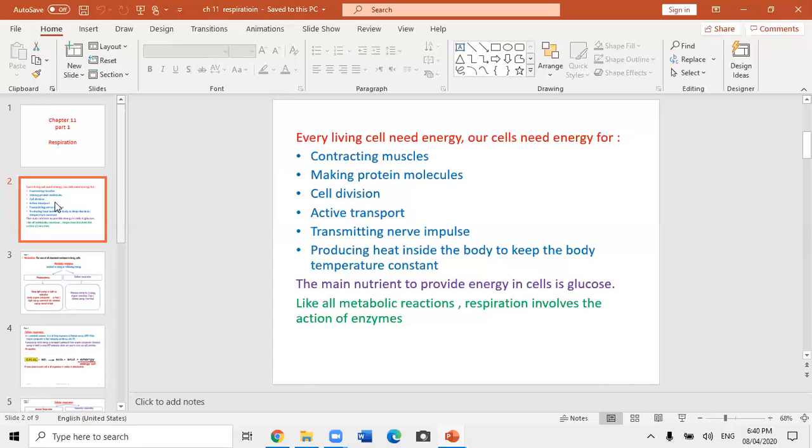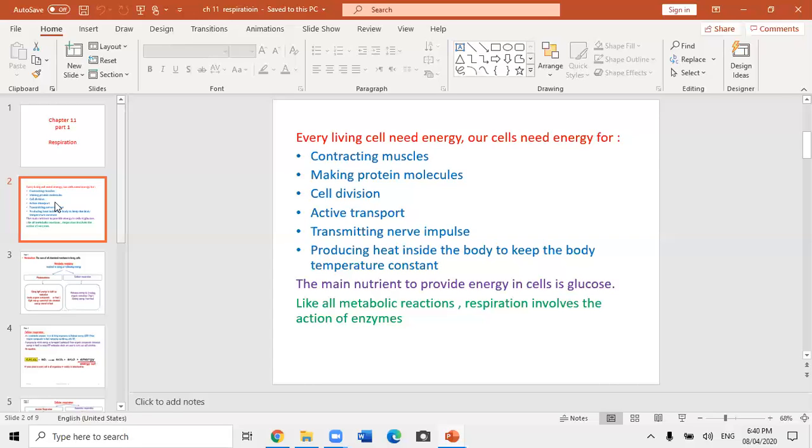We need energy as well for producing heat inside the body, to keep the body temperature constant. Even if the environment is cold, our body temperature is stable, should be constant at 37 degrees. So you need this energy to keep your body stable.